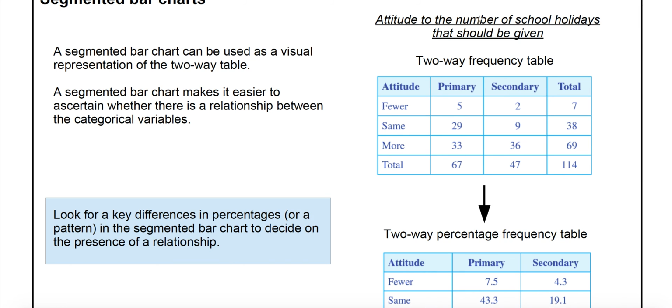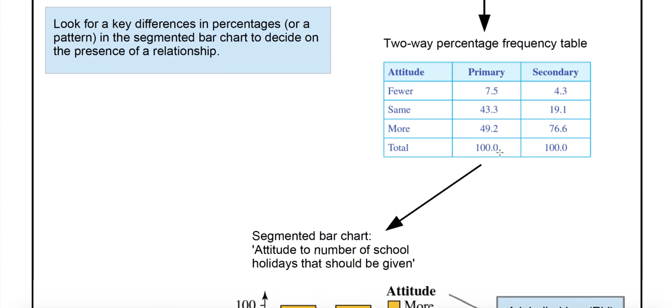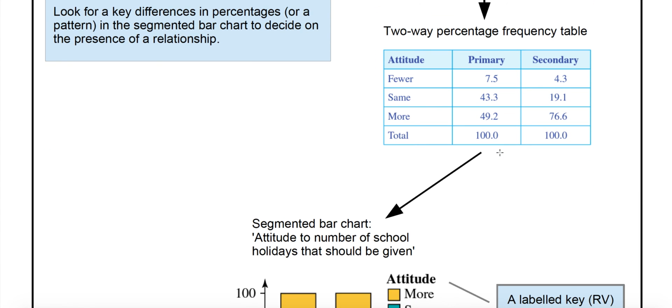If I'm looking at attitude to number of school holidays that should be given, we're looking at whether students think there should be fewer holidays, the same number of holidays, or more. And we've split this up for our EV, which is primary and secondary school students. Now from there, just like we've done before, we can get our two-way percentage frequency table, as you can see there.